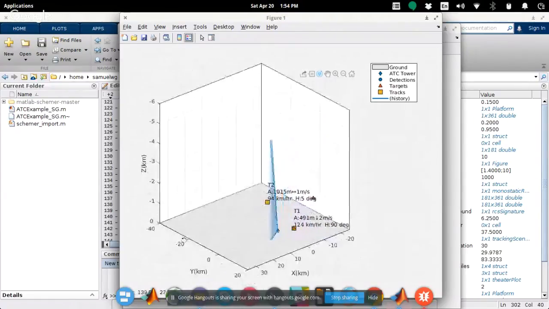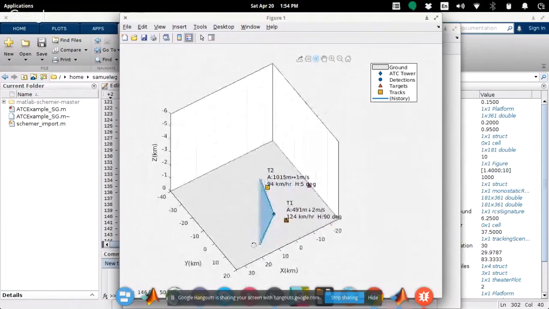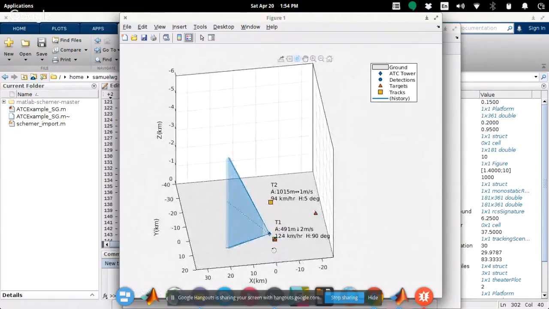And you can't see it very good on this one. I can kind of see it. So there's a little blue line right there because I didn't want to run the simulation for as long. We'd be here for 10 minutes. But essentially, when the simulation runs its full time, you see this little blue line here, and that's just basically the detections that we picked up associated with this track. So that's kind of fun.